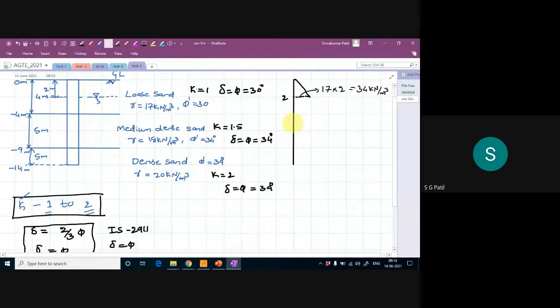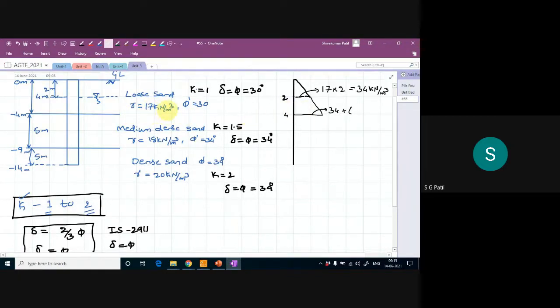Then for the other 2 meters, it is the saturated unit weight. So at 4 meter depth of the pile, here 34 plus, I have to take the submerged unit weight. What is this? 17 minus 10.